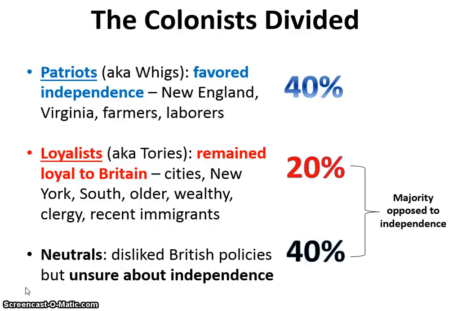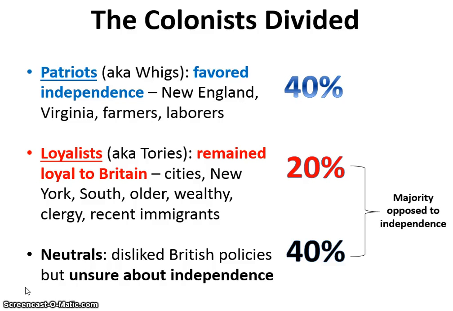The Loyalists were located more in the cities, especially New York City, which was very loyal to Britain. We mentioned in Unit 2 how the South was more like Old England and therefore maintained greater ties to the English tradition. Older people, wealthy people, clergy, and recent immigrants tended more to be loyalists.